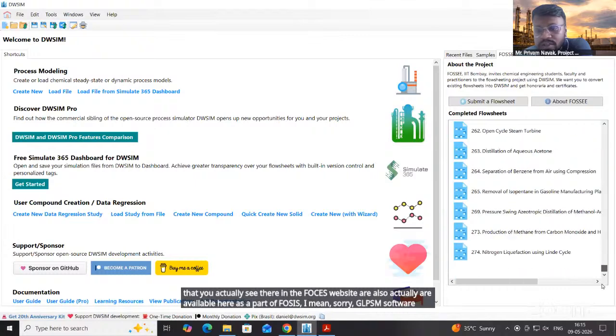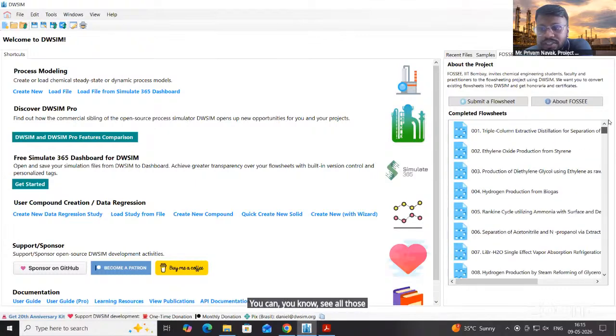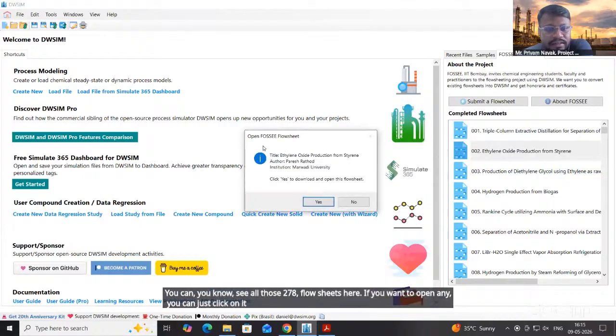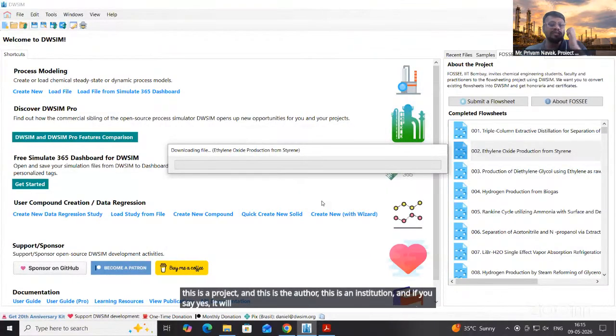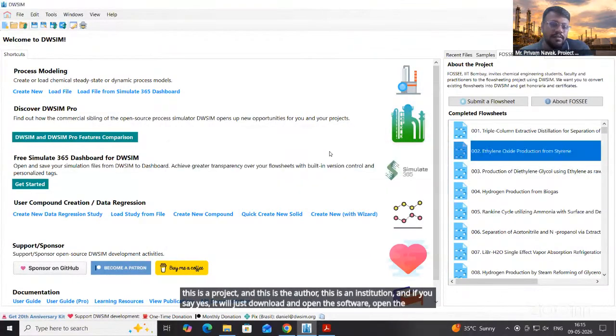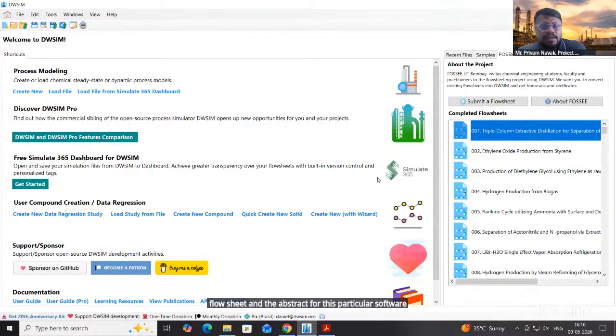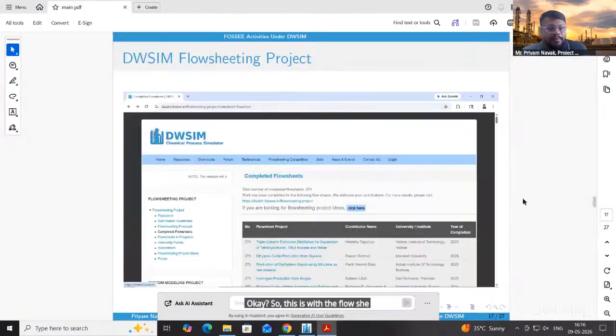You can see all those 278 flowsheets here. If you want to open any, you can just click on it, and it will tell you that this is the project, this is the author, this is the institution. And if you say yes, it will just download and open the flowsheet and the abstract for this particular project. Okay, so this is with the flowsheeting project.